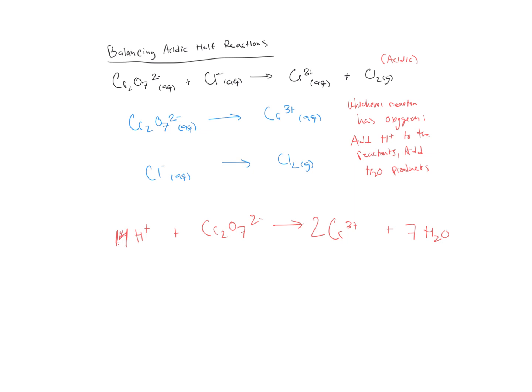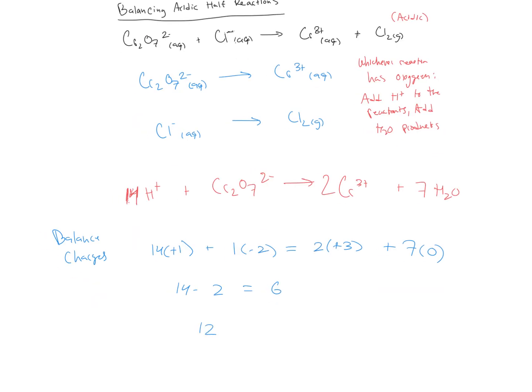Next thing we want to do here is balance our charges. On our left side, we have 14 times +1 plus 1 times -2. That should equal 2 times +3 plus 7 times 0, because H2O doesn't have a charge. So 14 minus 2 is 12, so on our left side we have plus 12, and on our right side we have plus 6.